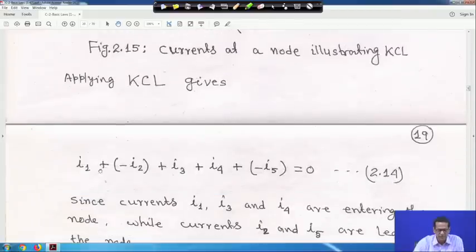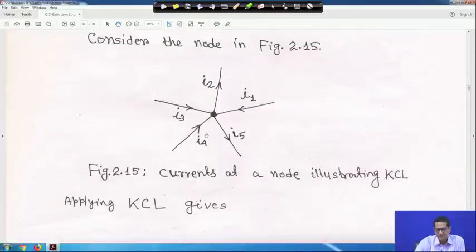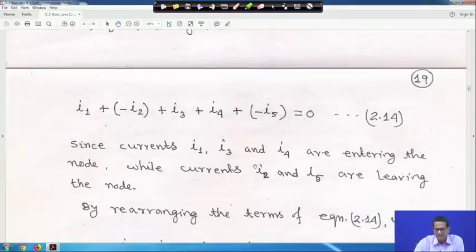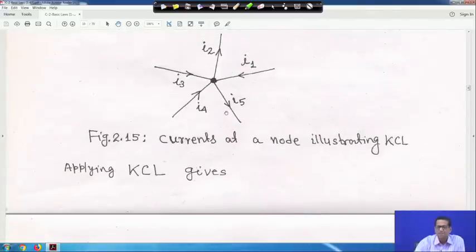That means I1 is the algebraic sum, that is why I am putting plus, then in brackets I am writing minus I2 plus I3 plus I4, and then in brackets minus I5, is equal to 0. Currents I1, I3, I4 are entering the node, while currents I2 and I5 are leaving the node.